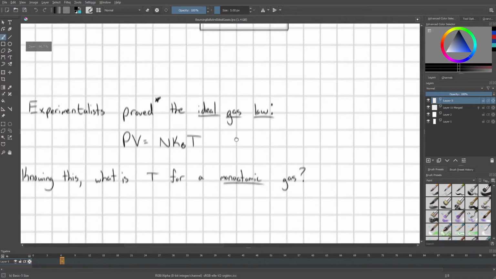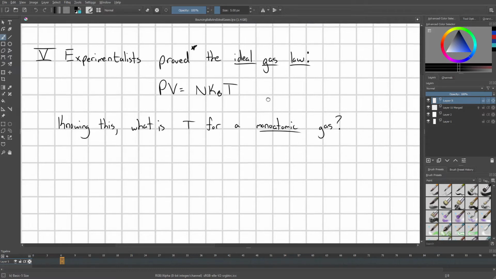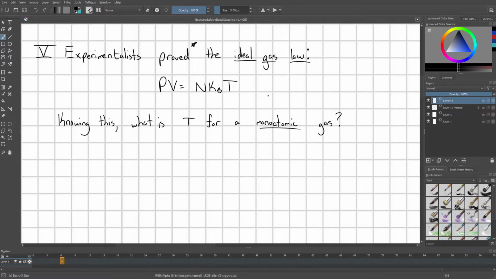So now, for the sake of completeness, I want to talk a little bit about the ideal gas law, and we're going to just introduce it as an experimentally proven fact, right? That's this little asterisk here.